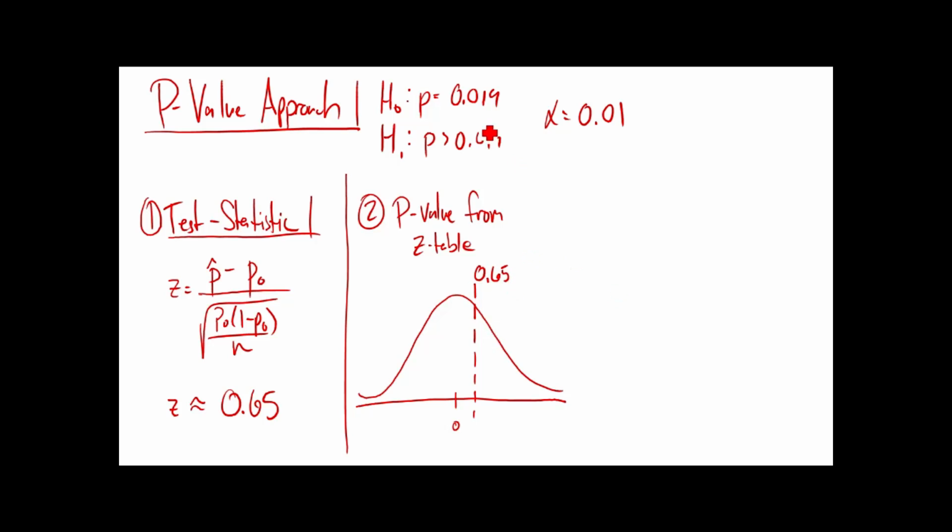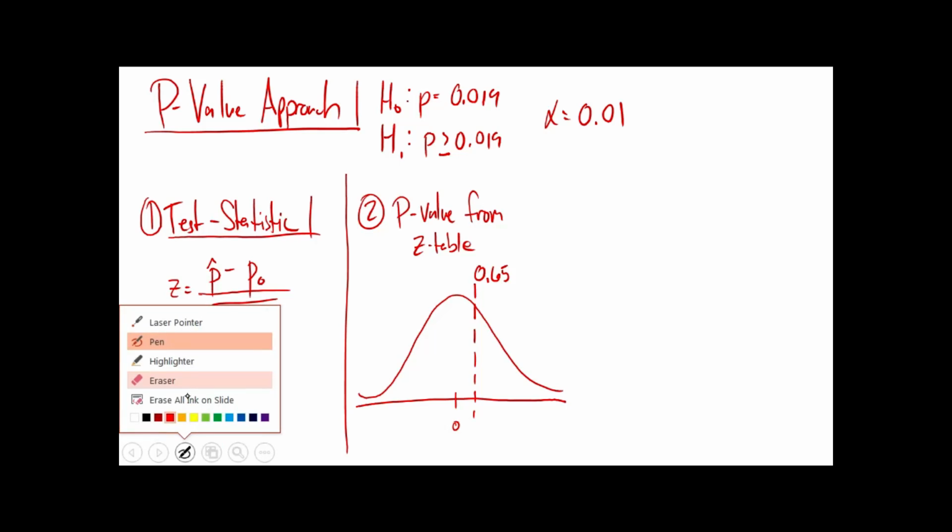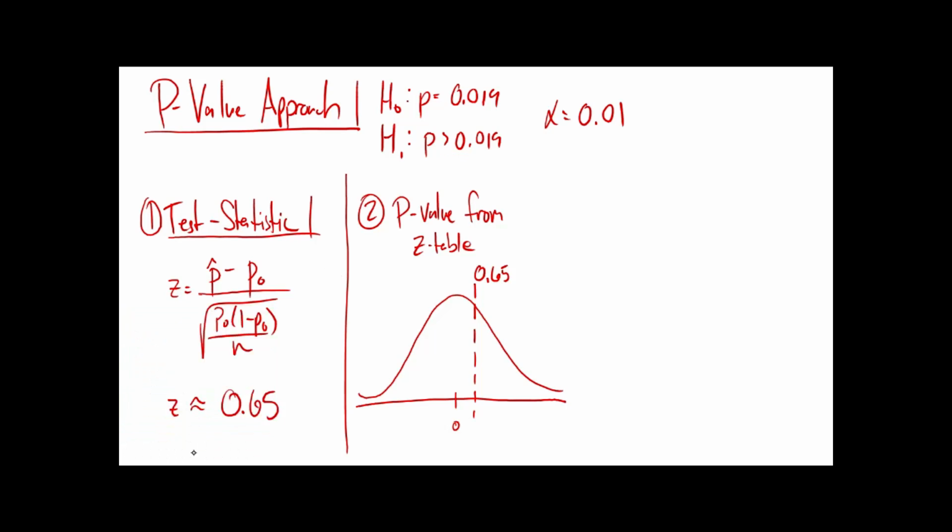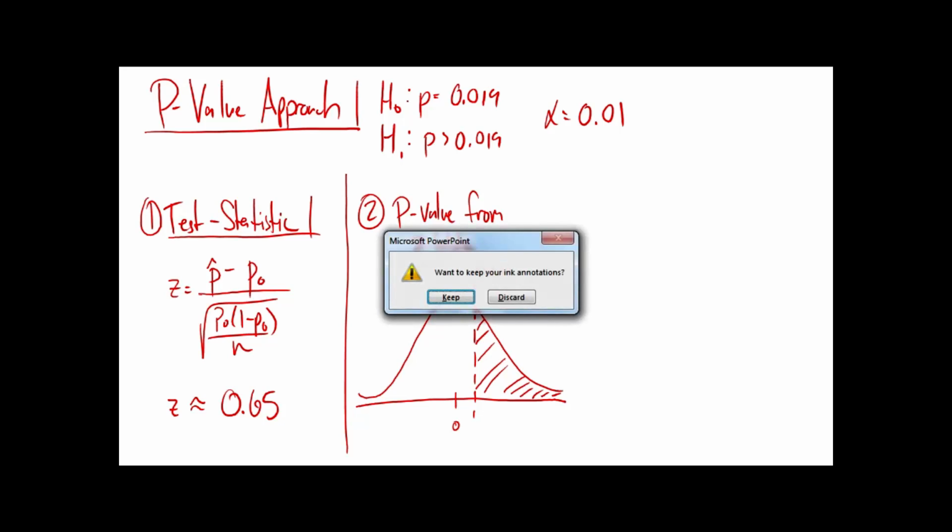And your p-value, since our alternative is greater than, is going to be whatever probability is greater than our test statistic. So we're going to go to the z-table and look up 0.65.